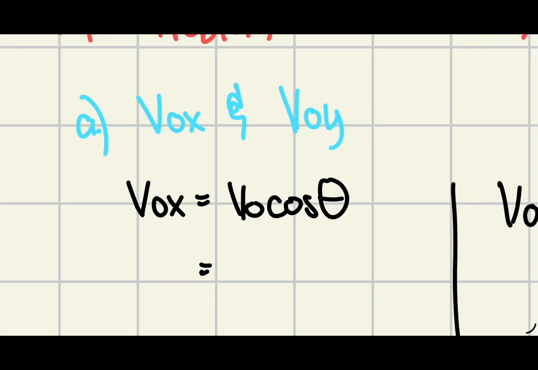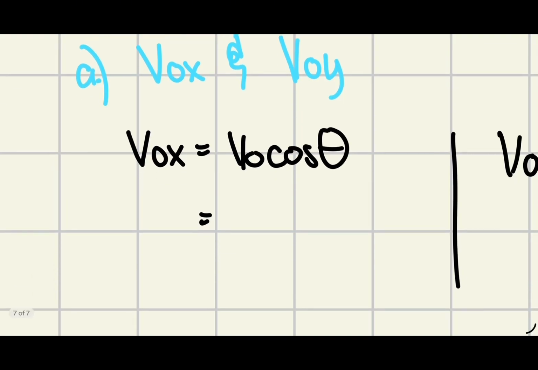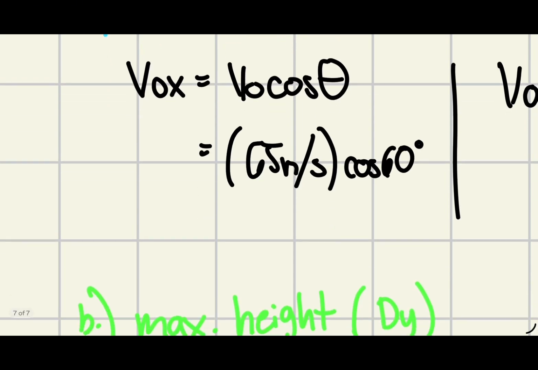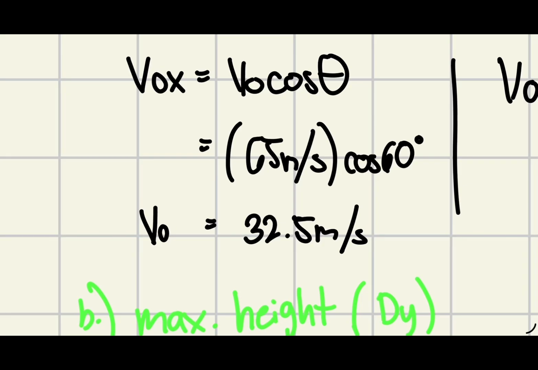So, to solve, we substitute our values, which is 65 meters per second multiplied by cosine 60 degrees. Then if we input it in our calculator, we get the value 32.5 meters per second as our horizontal component.